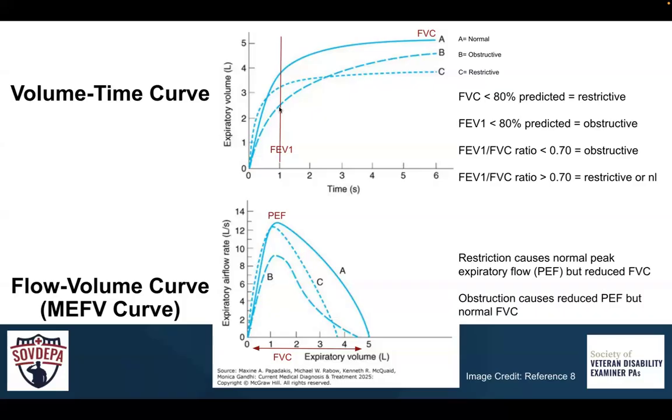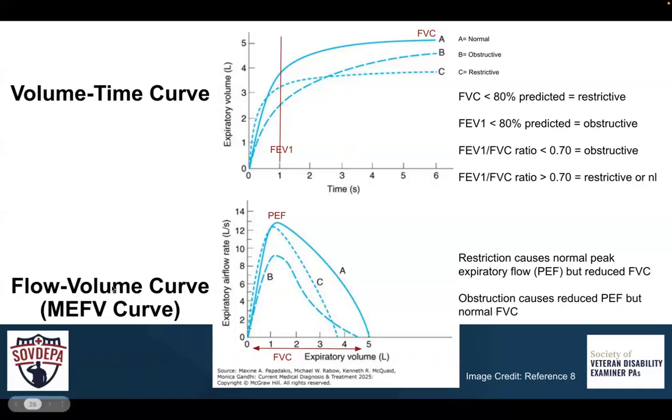But that FEV1 is low, less than 80% predicted in obstruction. And if we do the math, FEV1 right here, first second, okay, we're about maybe 2.2. And FVC, almost 4. Okay, so that's obstruction.